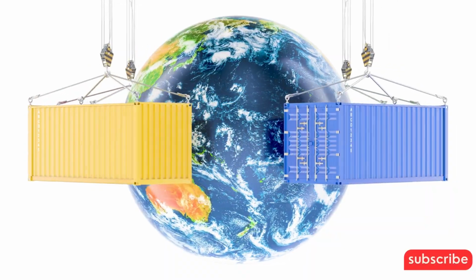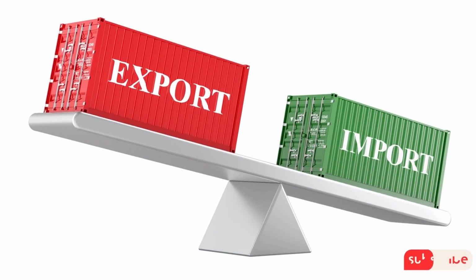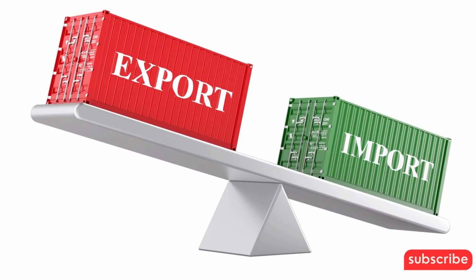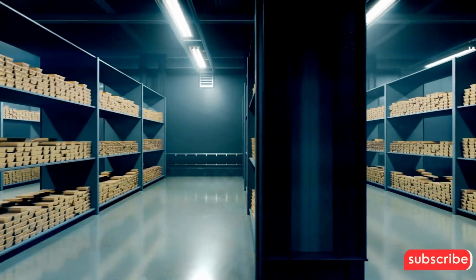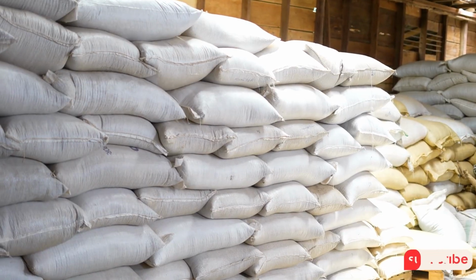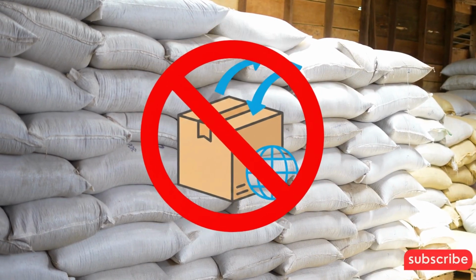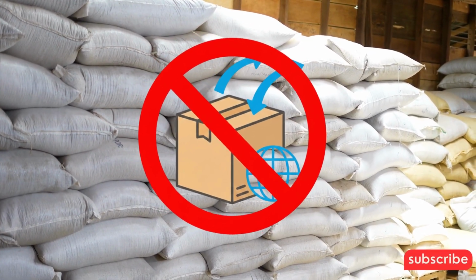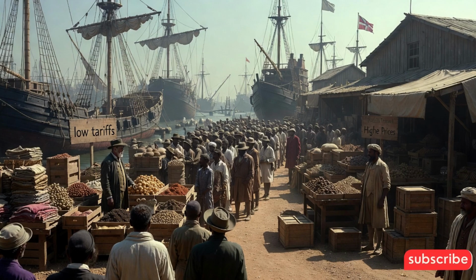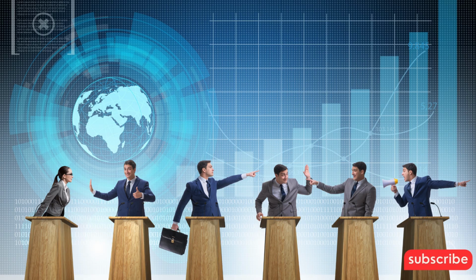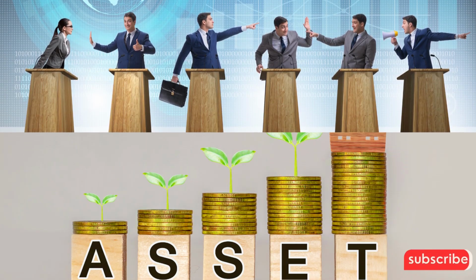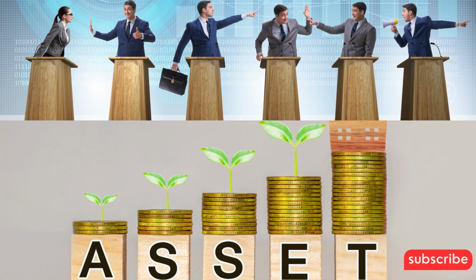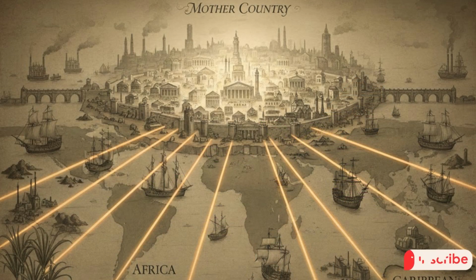The goal of a nation was to export as much as possible, import as little as possible, and hoard gold and silver. But how do you maximize exports if nobody wants to buy your goods? You acquire captive markets. Colonies were not purely political ventures. They were economic assets designed for a singular purpose: to serve the mother country.